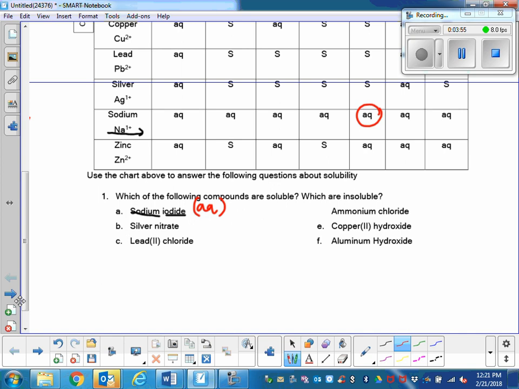Not 3, 2. You will be given a question like this on the test. You will be given a chart and you'll be asked to do this question.